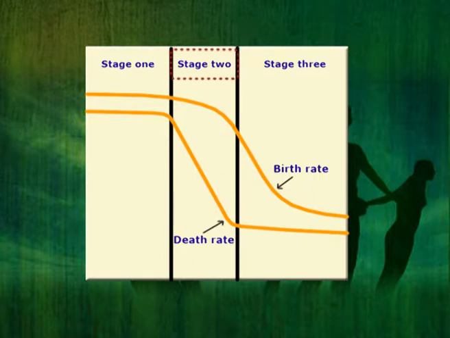Second stage is the stage where the nation has started attaining higher levels of income and the large-scale industrialization is undertaken. Owing to increasing incomes, availability of food and increasing medical facilities, the death rate starts declining.